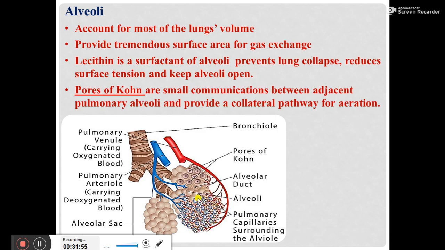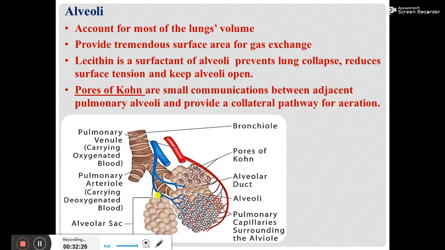Here a lecithin surfactant is present which reduces the surface tension between two alveoli, and it keeps the alveoli open. Next, this is important, that lecithin is a surfactant present and no cartilage is present supporting the opening. So lecithin surfactant helps to prevent the collapsing.